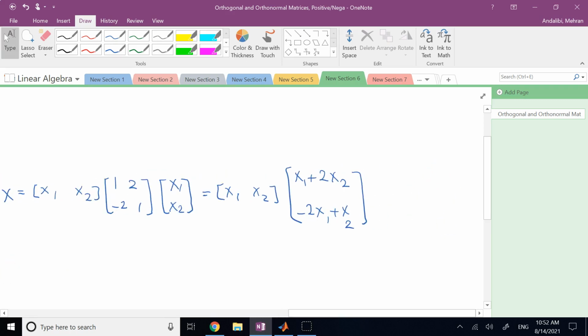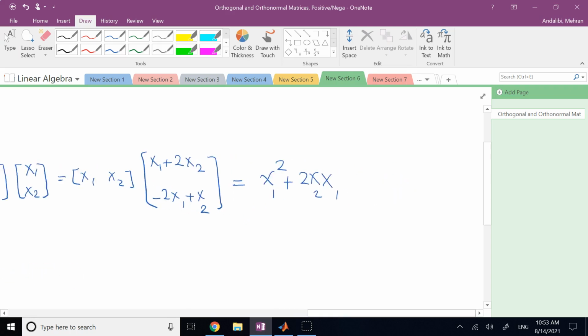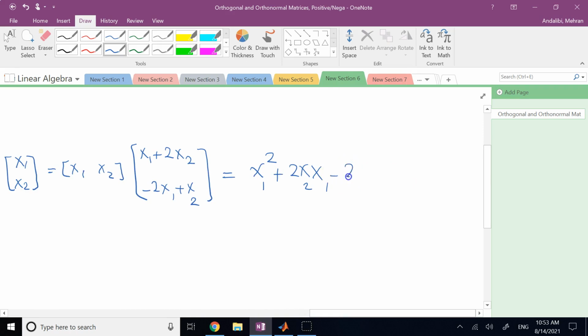If I multiply that, the result is going to be a scalar: x1 times the first term, which is x1 squared plus 2x1x2, and then x2 times the second term, which is negative 2x1x2 plus x2 squared.